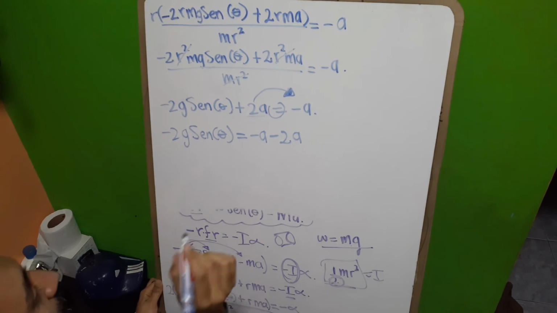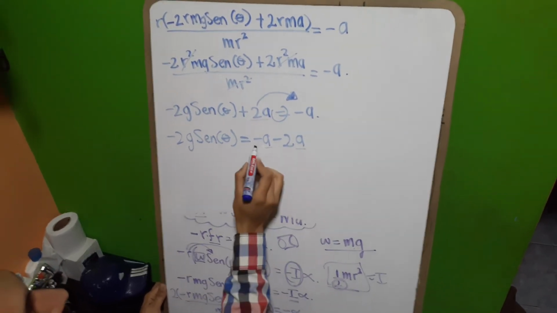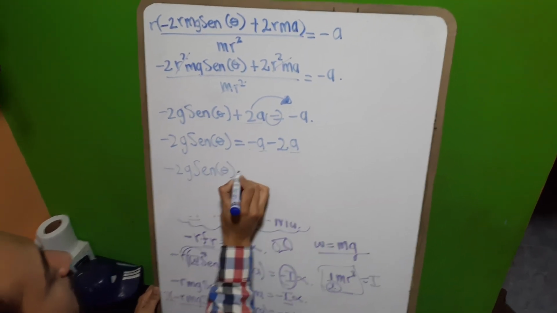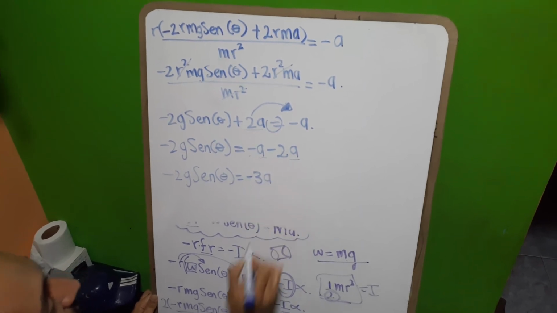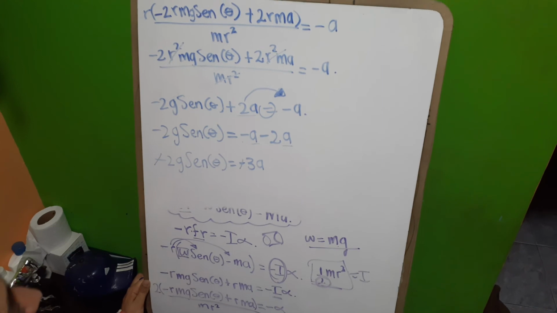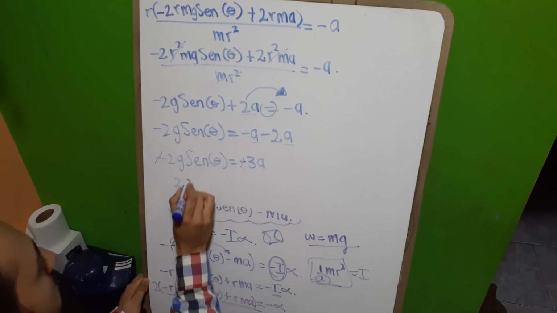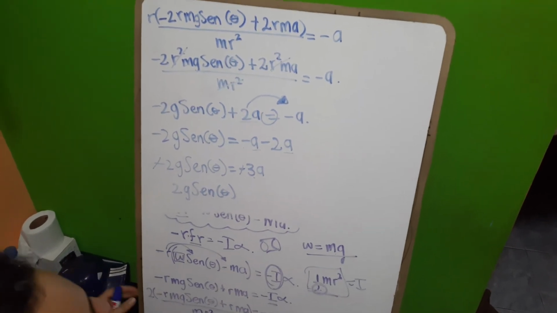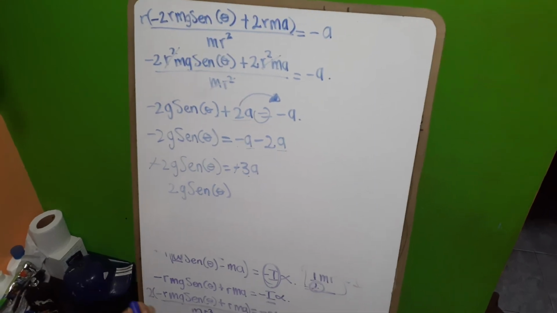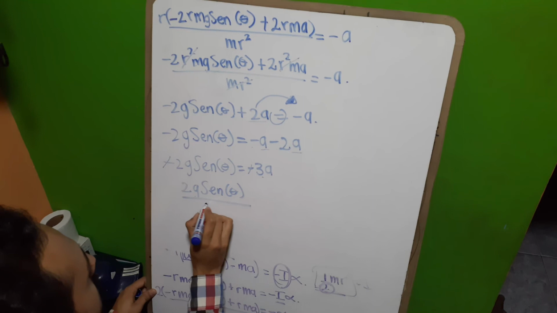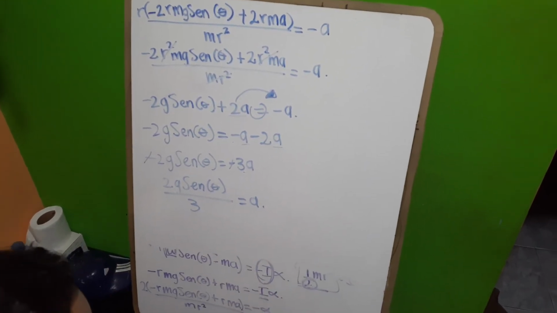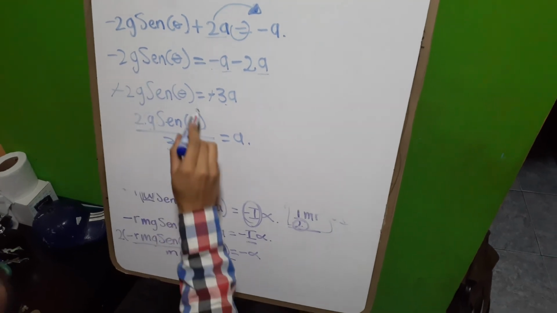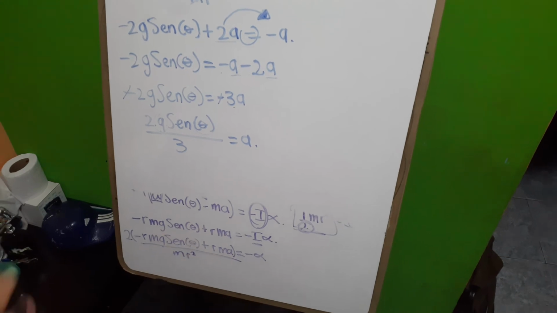Negative 3a. Negative with negative, and 2g sin theta. The 3 is multiplying, so it passes to the denominator. So the translational acceleration is 2 g sin theta over 3.